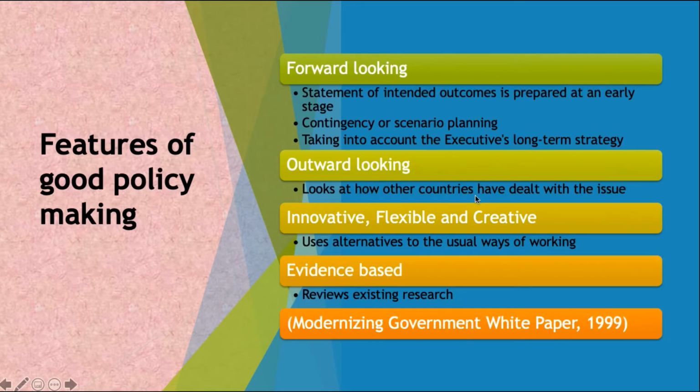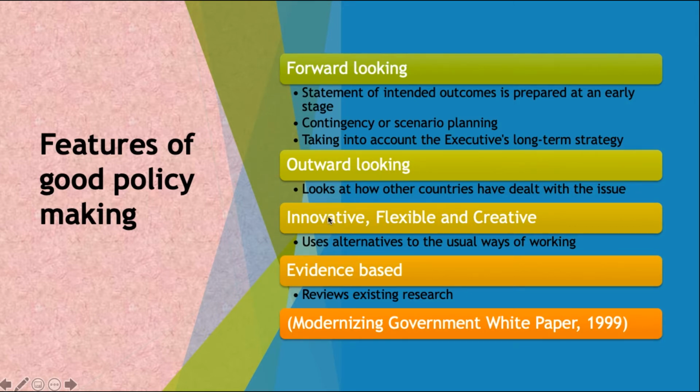As for the features of good policymaking, we have forward-looking: a statement of intended outcomes is prepared at an early stage, with contingency or scenario planning taken into account in long-term strategy. Then we have outward-looking, when you look at how other countries have dealt with the issue.